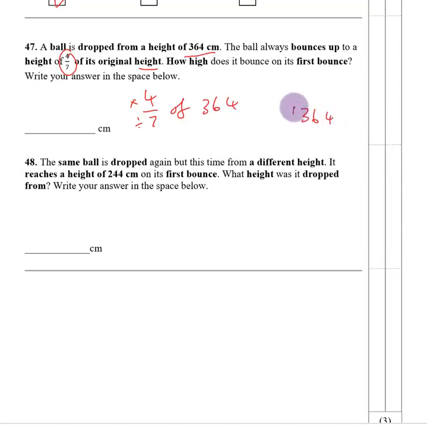So 364 divided by 7 gives me, does it go? 36 goes 5 times, carry the 1, 7 into 14 goes twice. And then I do 52 times by 4. So divided by the bottom, times by the top. So 2 times 4 is 8. 4 times 5 is 20. So the answer here would be 208 centimeters on its first bounce.